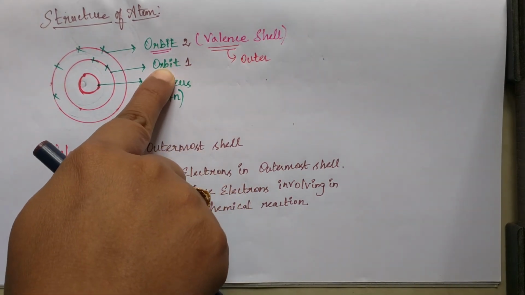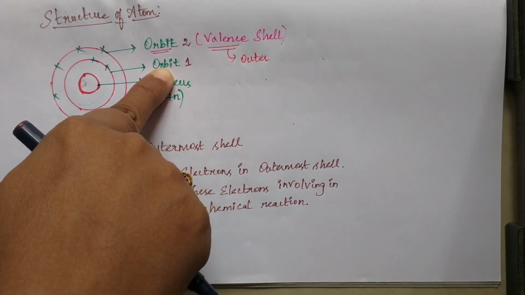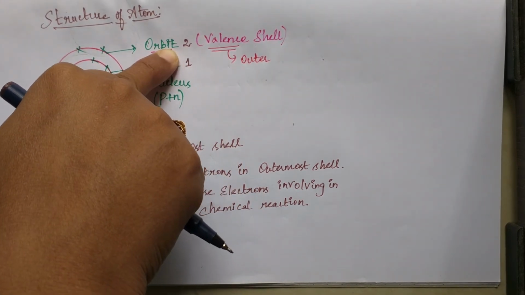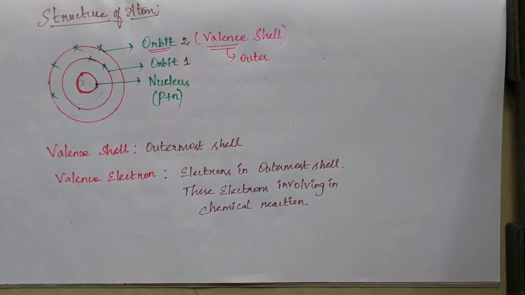The electrons in orbit 1 will not undergo any reaction. Only electrons in the outermost orbit undergo chemical reaction. That means they will make a bond with other atoms. So you should know which electrons are involved in the chemical reaction: only valence electrons. The valency depends on these valence electrons, that means how many electrons it can share.